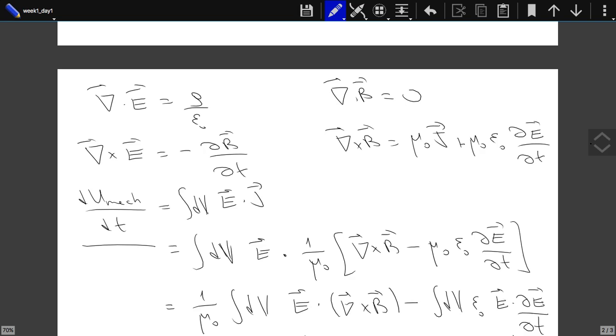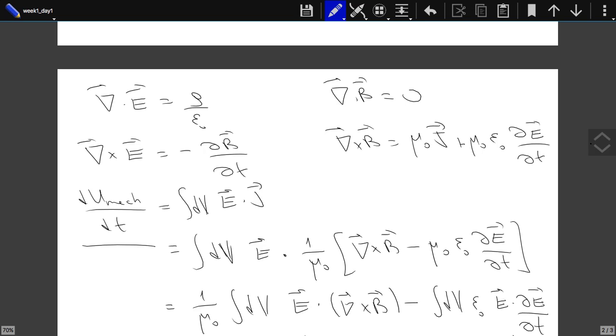So it can be, for example, if I have my charges over here, in this volume, I can take that volume to be a bit larger. Because in some part of it, J will be 0 anyway, so the remaining will be just a contribution from this region. Or I can imagine this volume to be not just a bit larger, but I can take that volume to be infinitely large.